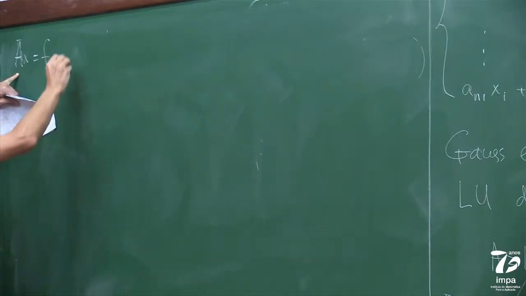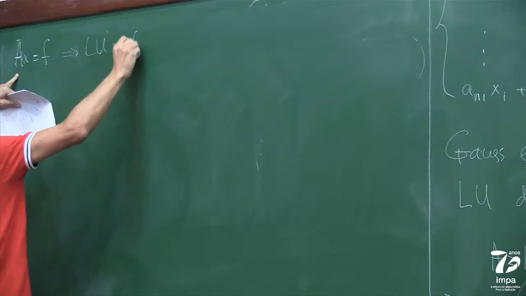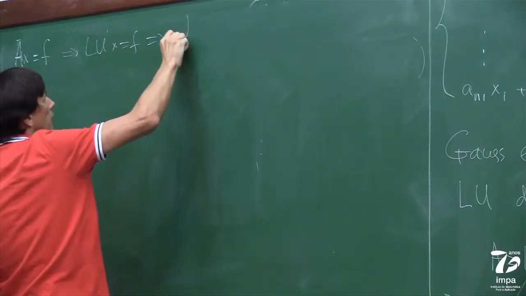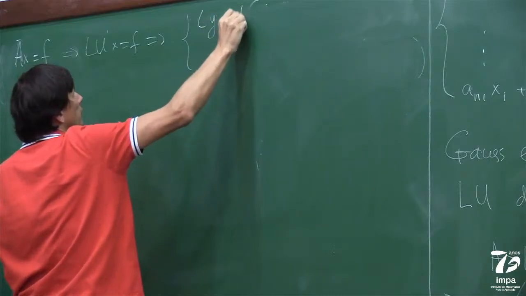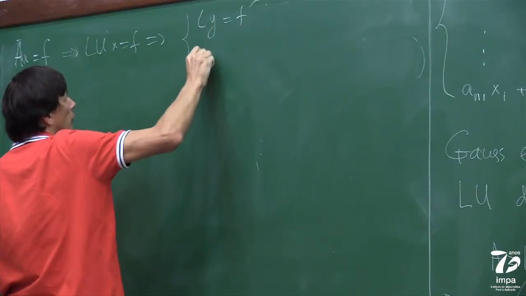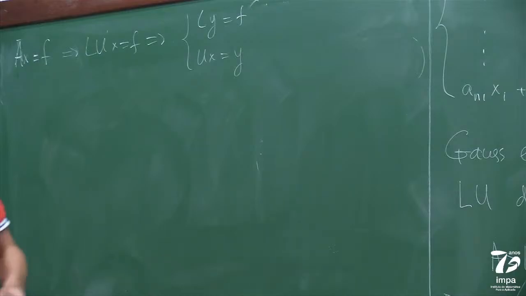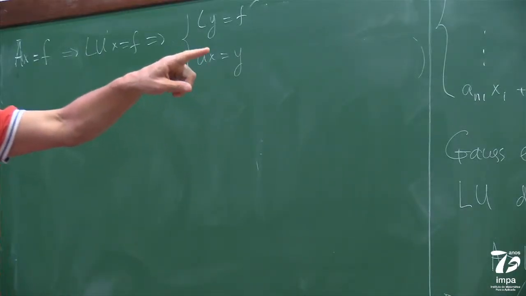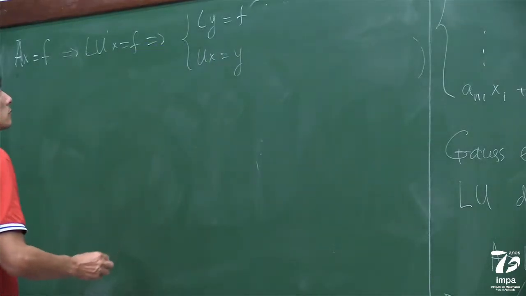So A is LU, which means that we have to solve 2 equations: LY equal F and UX equal Y. L is very simple, so we can directly solve the first equation.